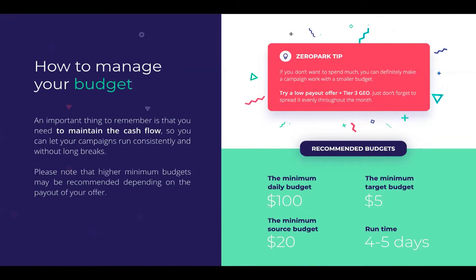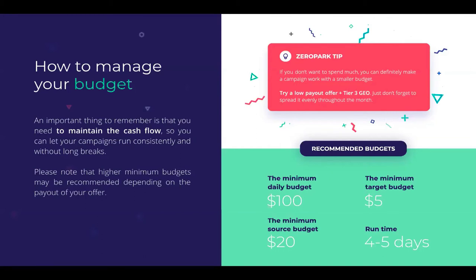Now, that does sound like a lot of money, but consider that you can set up budgets on the source level, for example with a minimum of $20, so that you can set a cap on how much each source spends, so that each source has an equal opportunity to buy enough traffic and to perform.